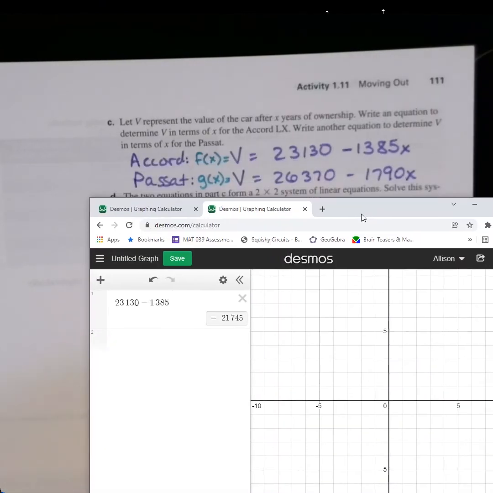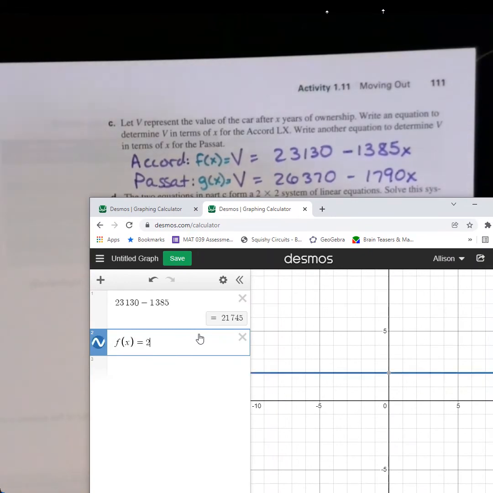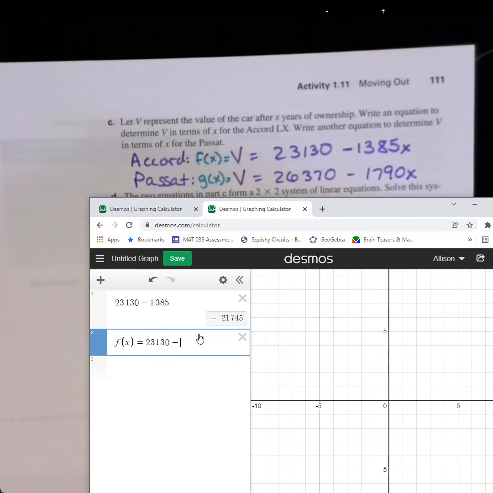So let's do that. I need to type my two equations first. So f of x for our Accord, 23,130 minus 1,385x, and g of x, 26,370 minus 1,790x. There we go.